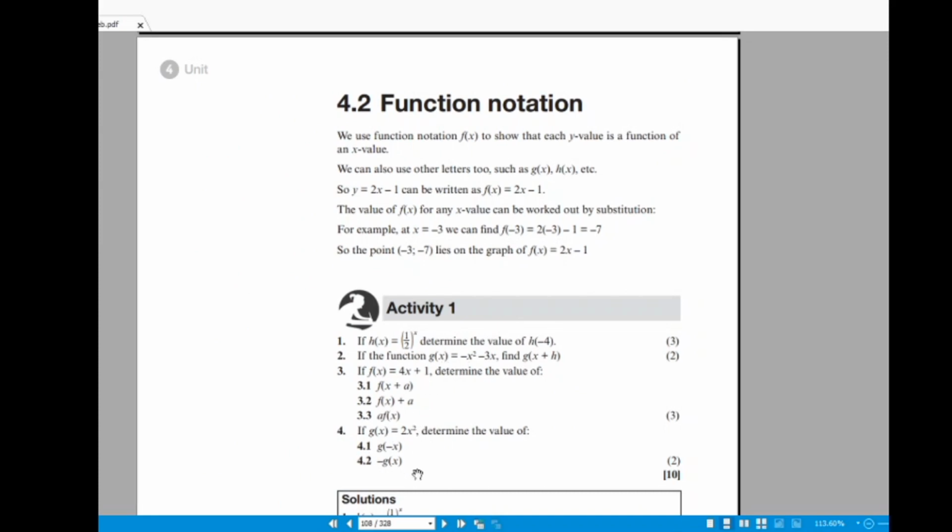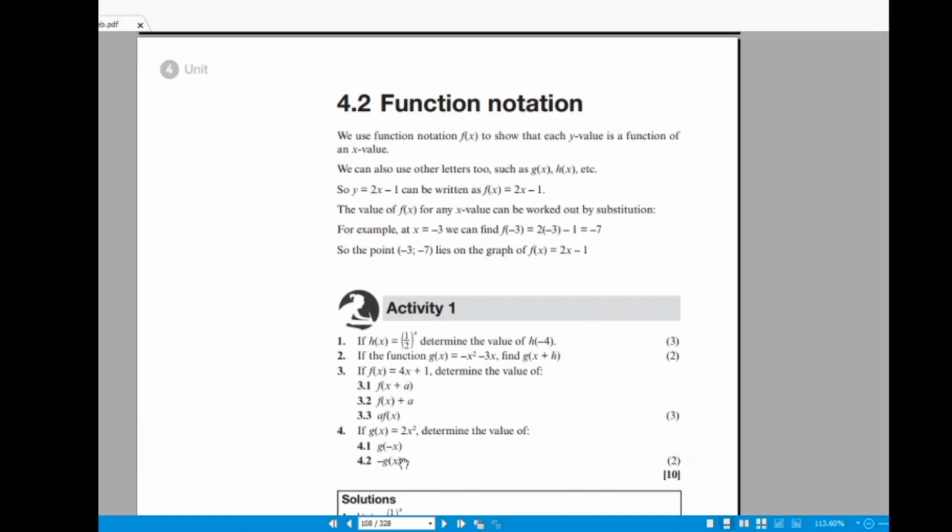Although it is easy, you have to be able to interpret what is happening, right? So this is all about transformations. Notice that here in 4.2 there is minus g of x, and in our question they asked about minus f of x.